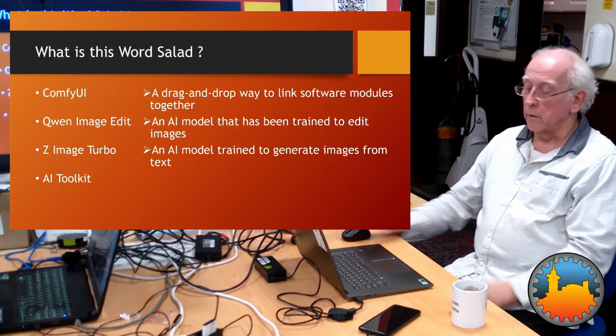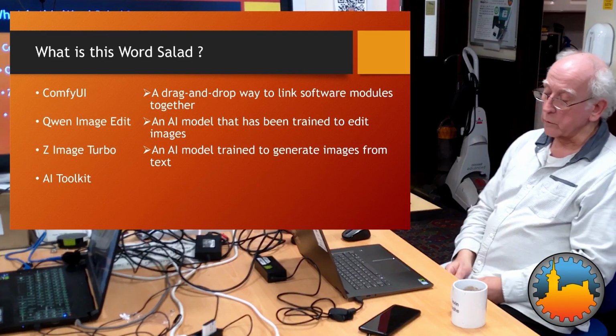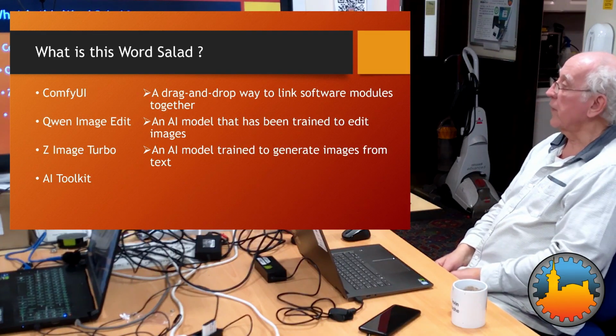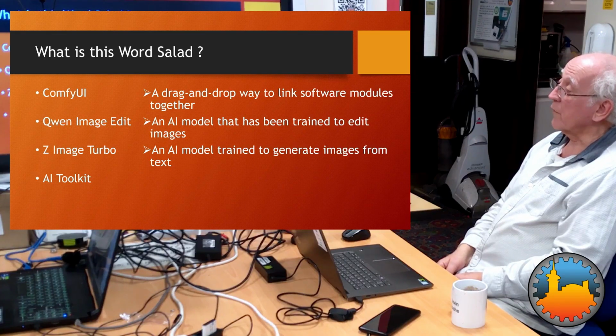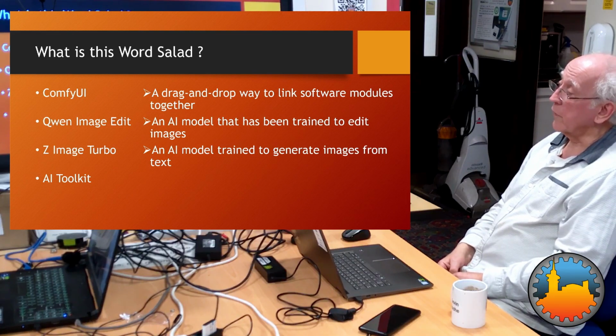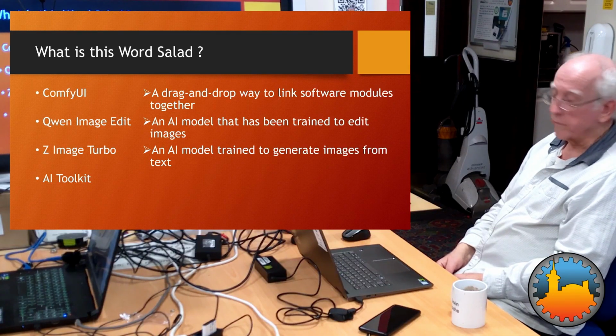And then I'm going to use another bit of software called Z Image Turbo. In fact, this has been around for a little while. I think in terms of time scales, ComfyUI's been around for a couple of years, but it's been improving and improving over the time.